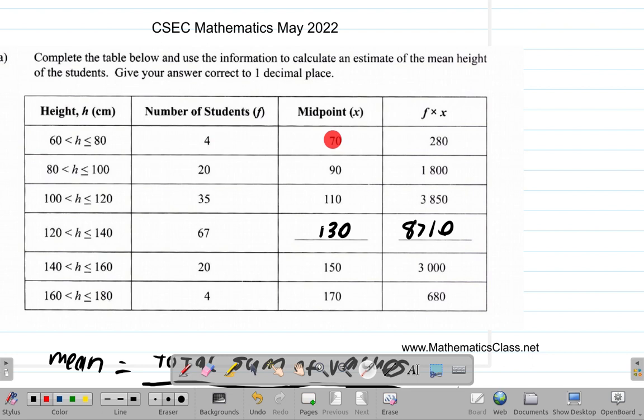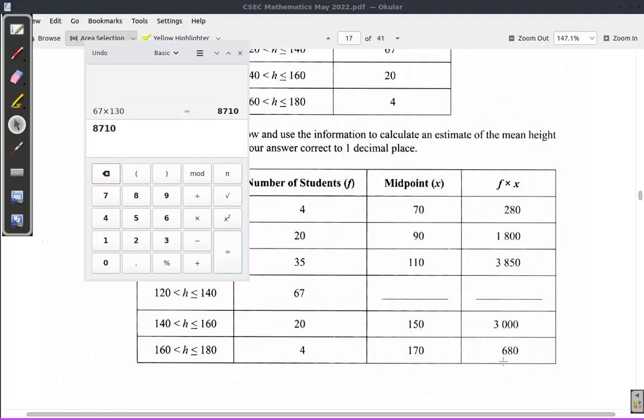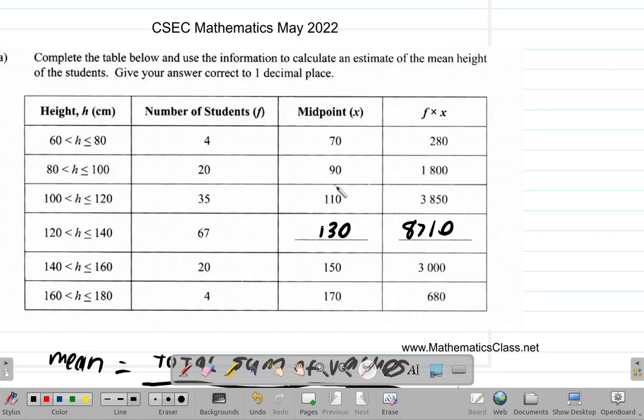Since this 70 represents the range, what it means is that there are 4 students that have this representation, the 70 centimeter range. That's what's happening.